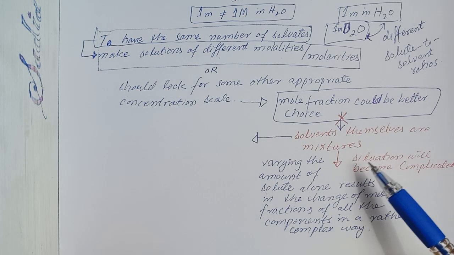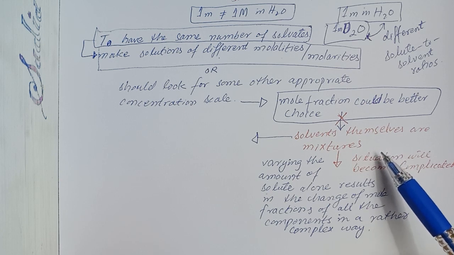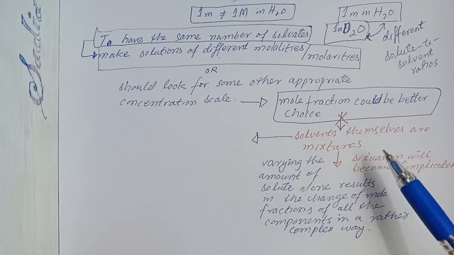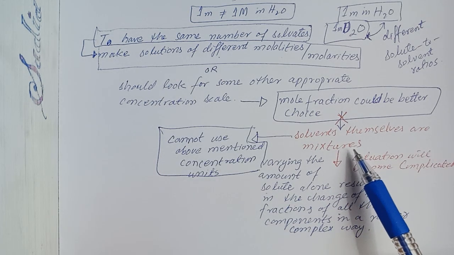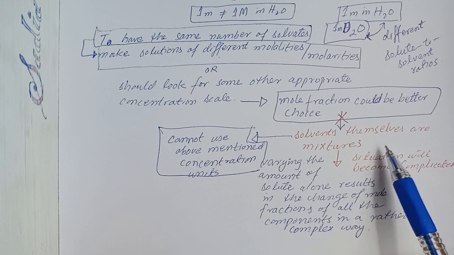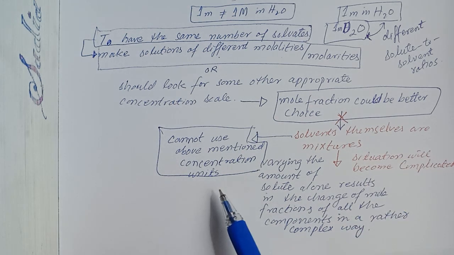Thus, for solutions that are prepared in the solvent mixtures, the desired comparison of molar ratios cannot be directly obtained from any of the above-mentioned concentration units. Thus, for solvents which themselves are mixtures, we cannot use above-mentioned concentration units.